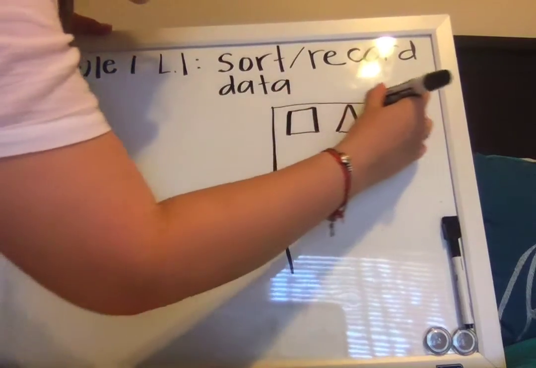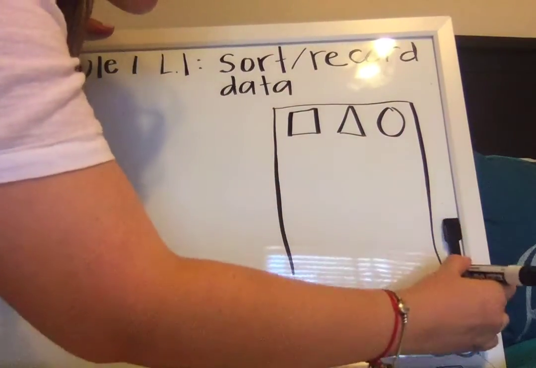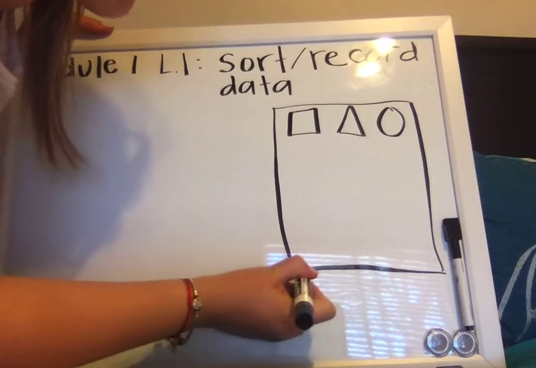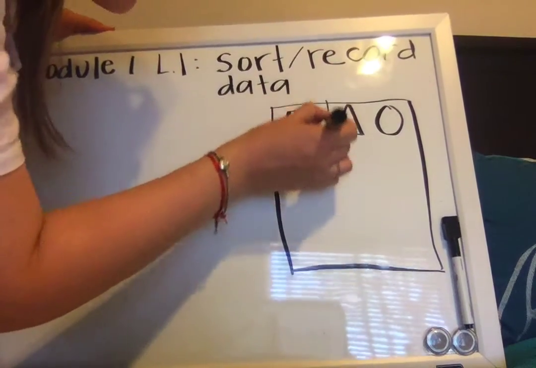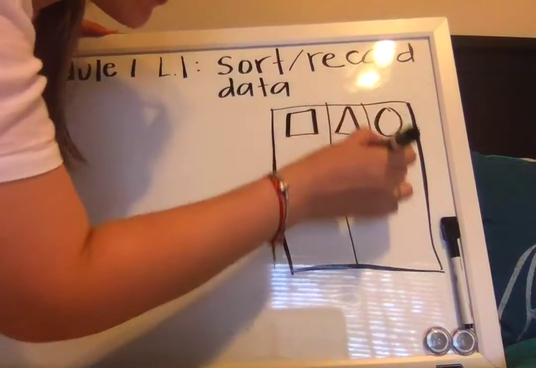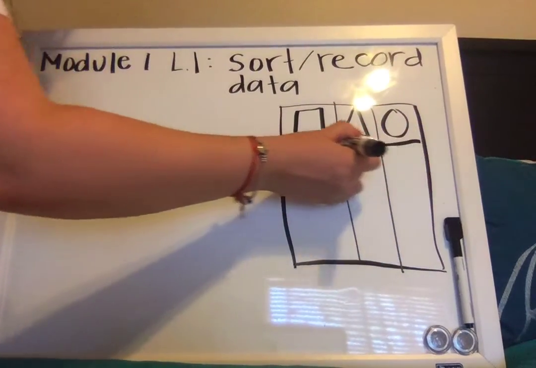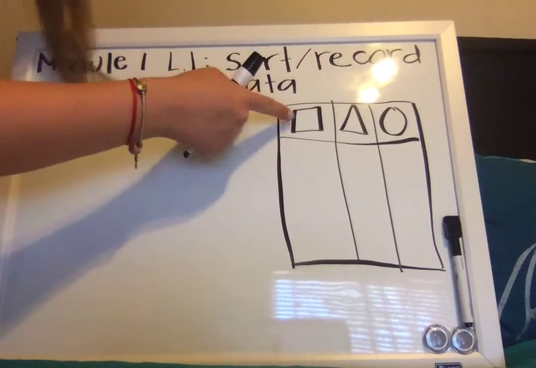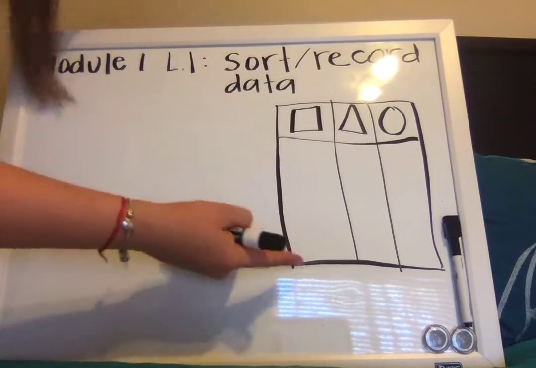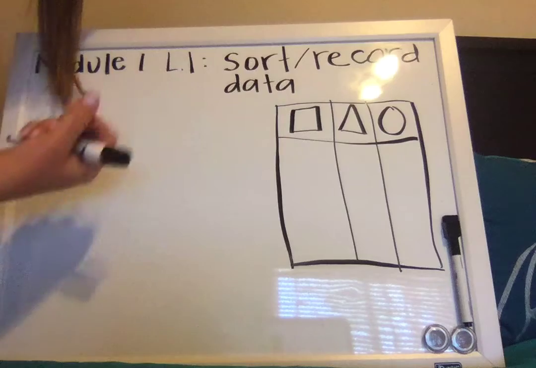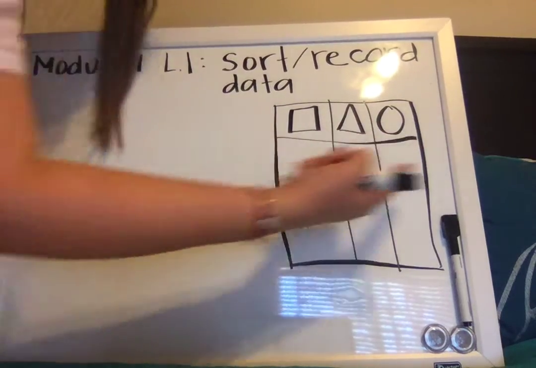So I'm going to make kind of like a graph. And graphs usually look like this. Sometimes they go up and down, sometimes they go sideways, or they go like this, up, down. Sometimes the graphs will go down, up. Sometimes you'll have graphs that go sideways.